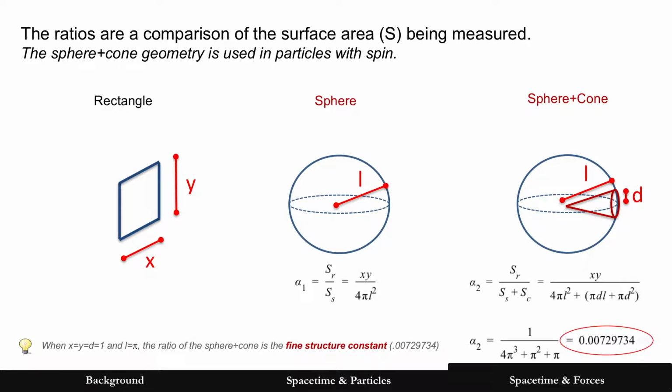Now that last one on the right, the sphere plus cone. If you assume that all of the variables are equal and the slant length L is pi, you get the value of the fine structure constant. Now the not actually one is going to be explained to be the electron radius, but that's a very simple way to explain that and derive the fine structure constant.